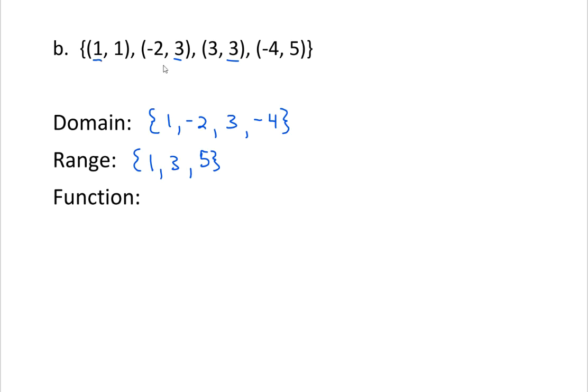We have a 1, a -2, a 3, and a -4. Those are all different numbers. The numbers that were the same were the 3's in the range. So because our domain is not repeated, each number in our domain goes to a different number in the range, then it is a function.